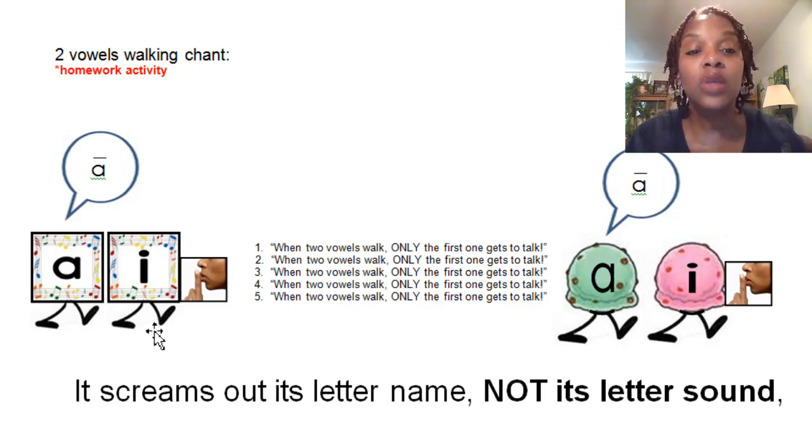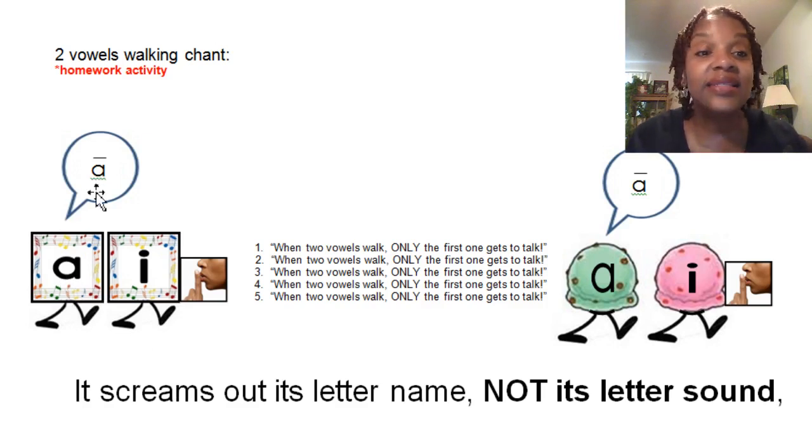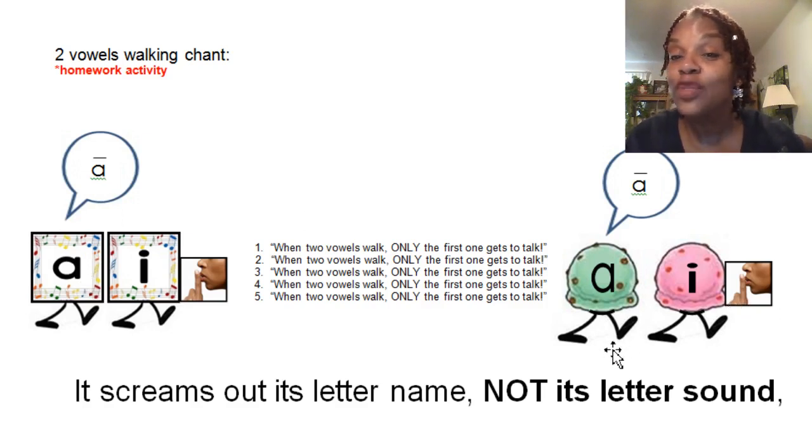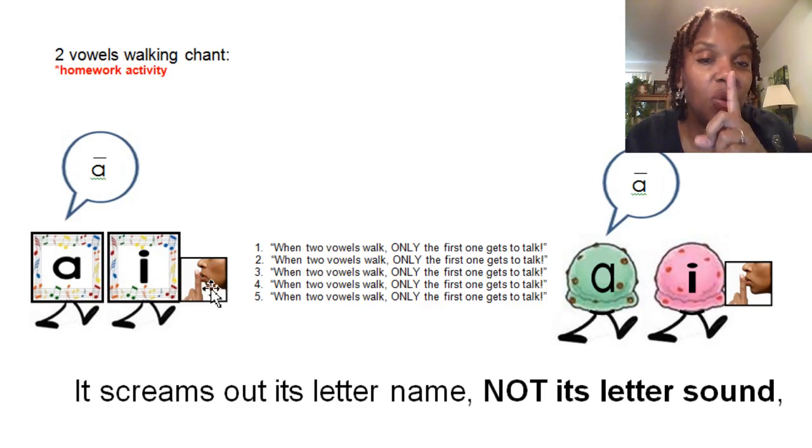So when you see these two vowels in a word, you would sound it out as A, because only the first one gets to talk, and it says its letter name, right? A. When two vowel sounds walk, only the first one gets to talk. And what's it saying? A. And the second one has to be quiet.